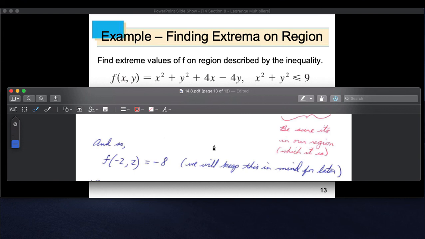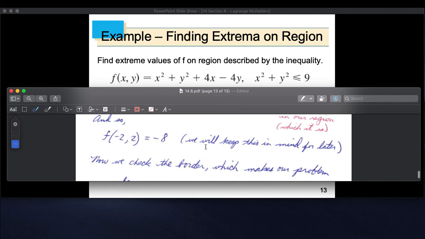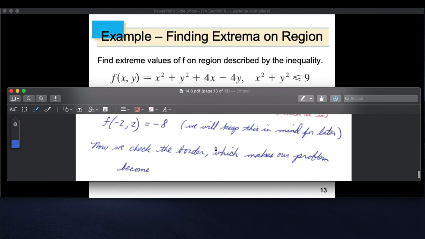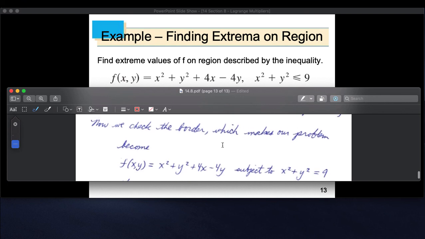Now that I have the interior, inside the disk, taken care of, which has nothing to do with Lagrange multipliers, Lagrange multipliers are when we check the border. So our problem becomes the following.